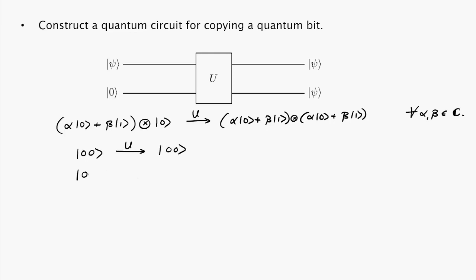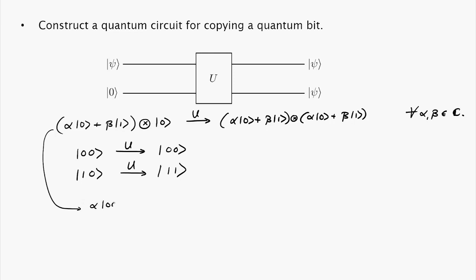And you must also map, so if beta equal to 1, so we have 1, 0, what must happen to this? Well, the second qubit must look like the first one, so it must copy this value, so it must get mapped to 1, 1. And now, of course, since U is a linear map, what does this tell us about where alpha 0, 0 plus beta 1, 0 gets mapped to?